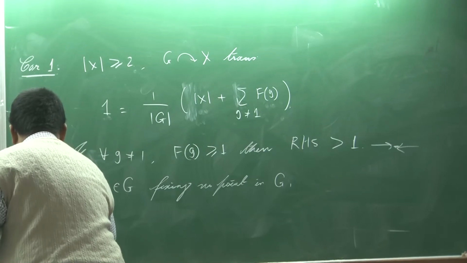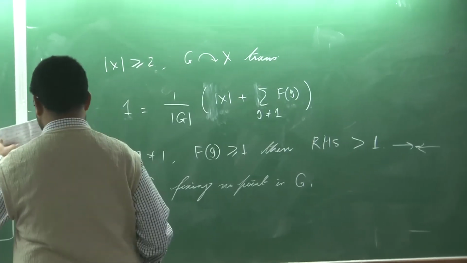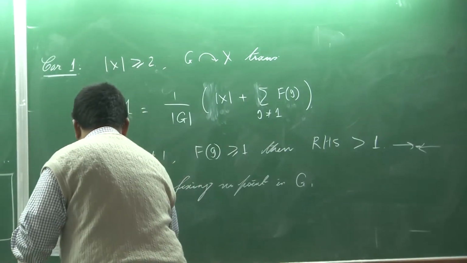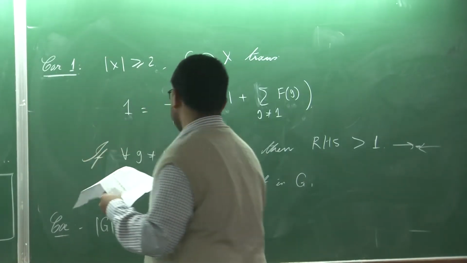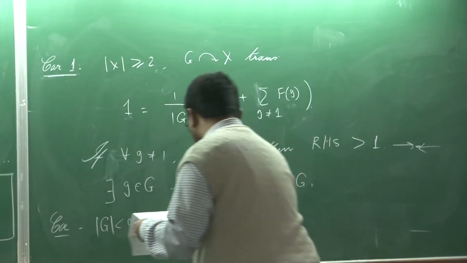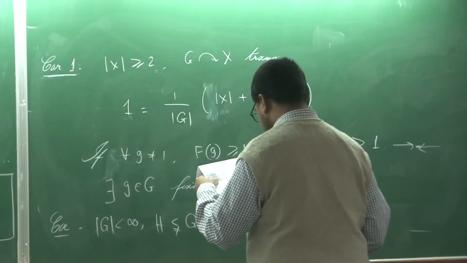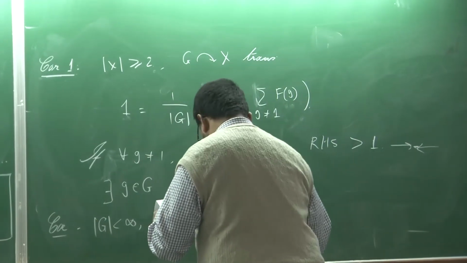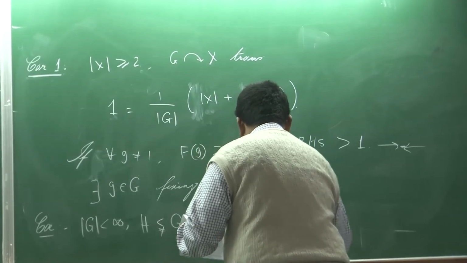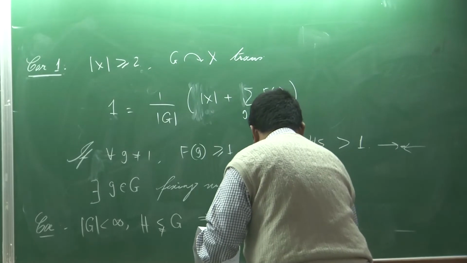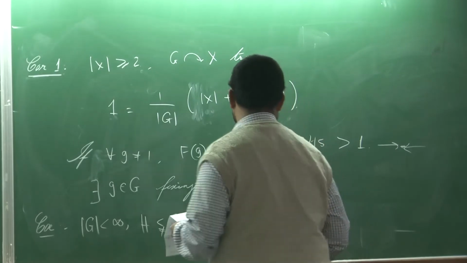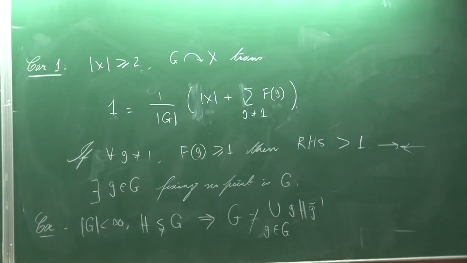And as a further corollary to that, we can have the following: let G be a finite group, and H a proper subgroup of G. Then G cannot be equal to the union of all conjugates of H. Why?